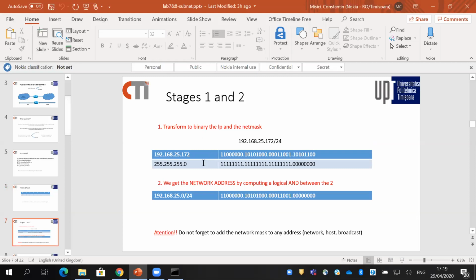You can see over here that /24 represents 24 bits of 1, and in the decimal system, it's this value here. Now, in order to compute the network address, the simplest thing is to do a logical AND operation between the IP address and the net mask.